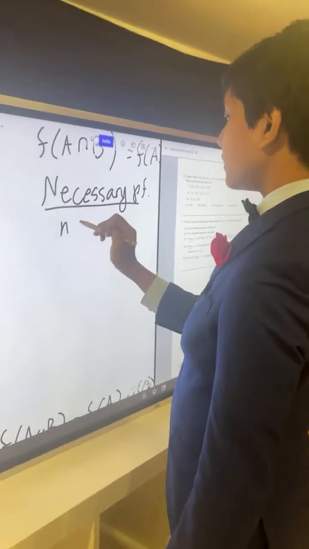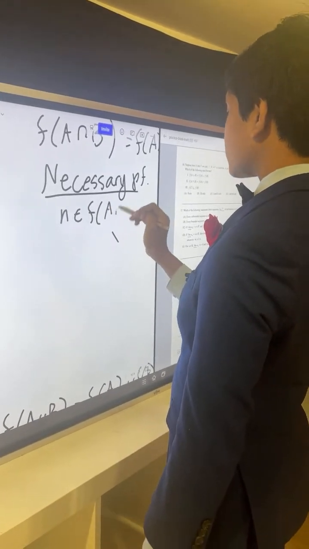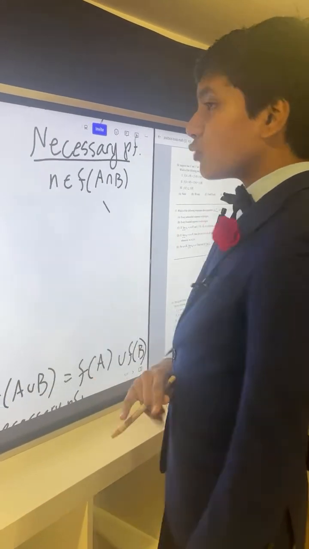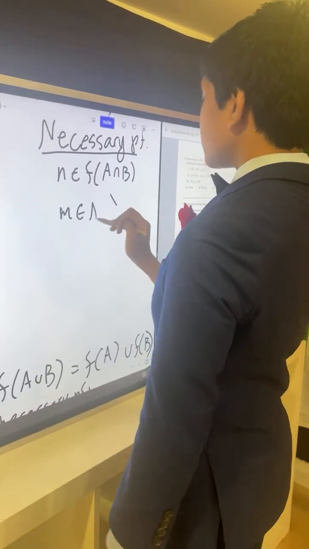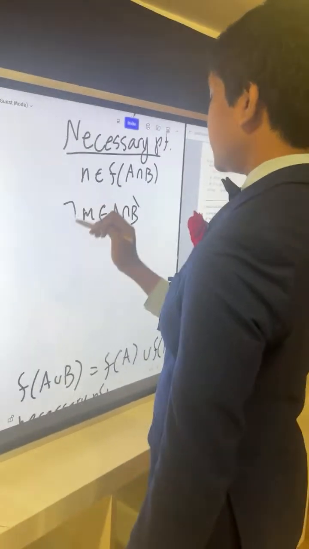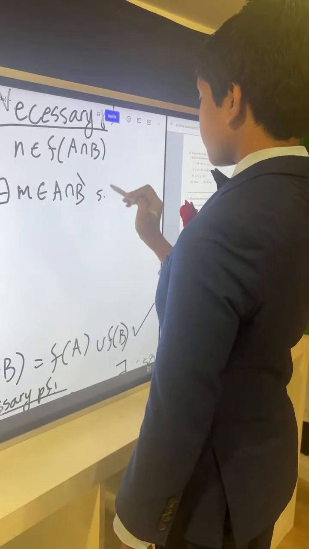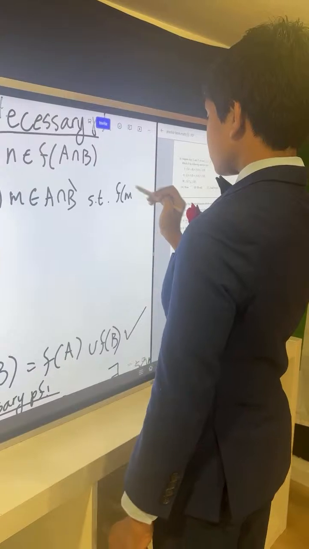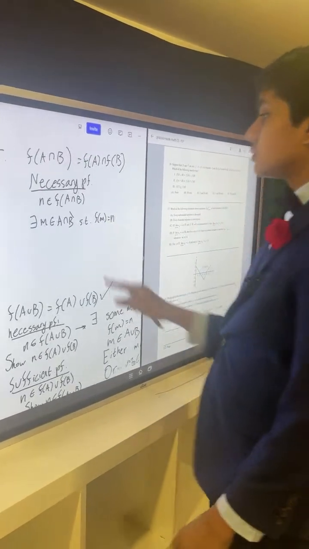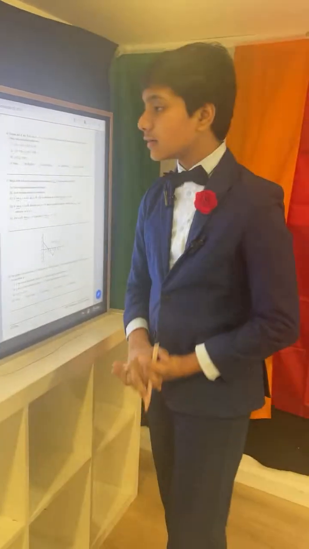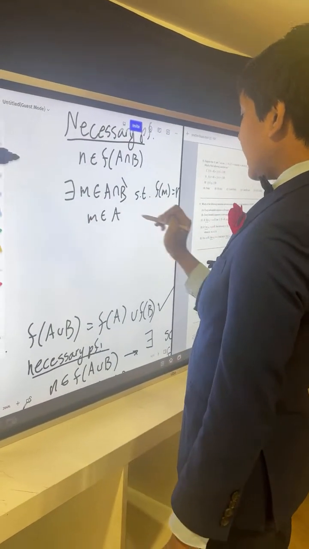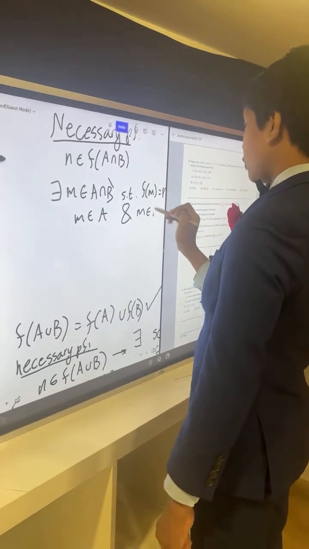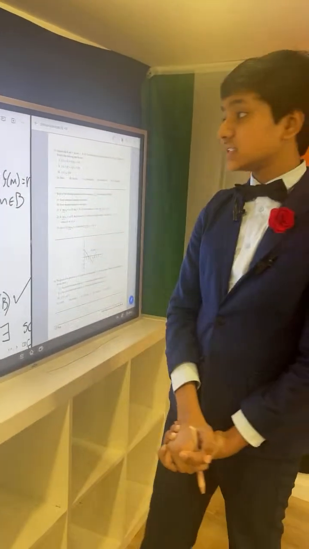if n is in f of a intersect b, that means that whatever maps to n, let's say m, is in a intersect b. All right. So then that means that m is in a and m is in b for sure, because it's in their intersection.